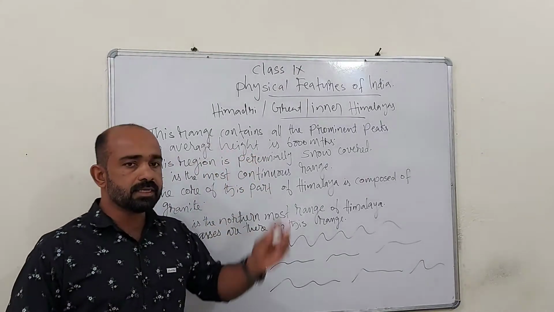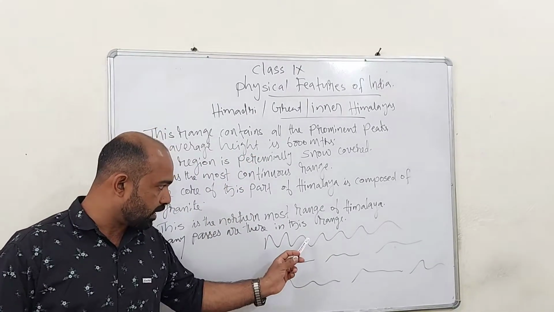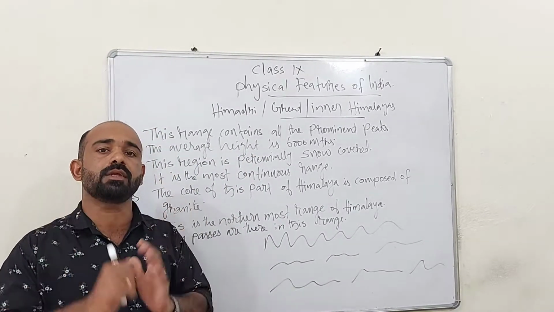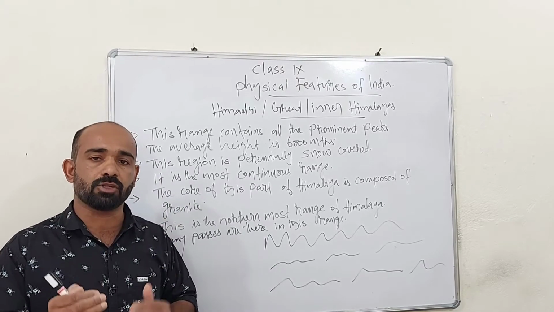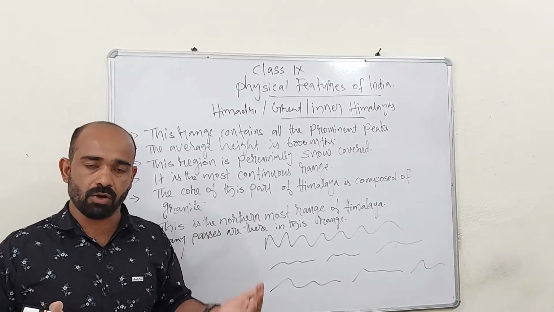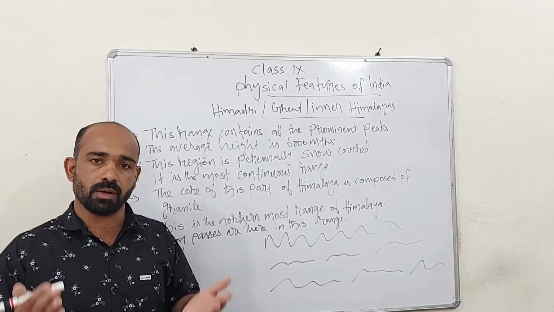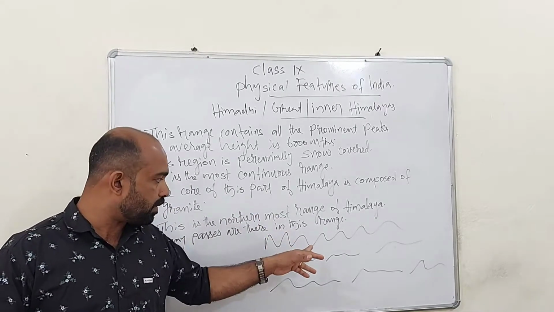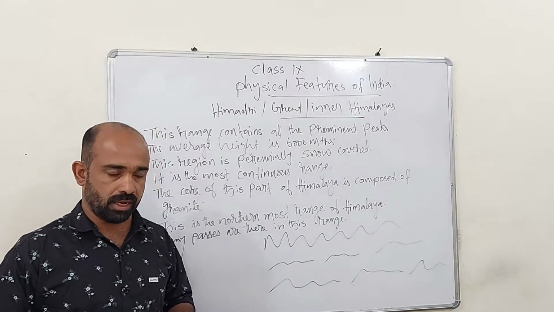This range contains all the prominent peaks, all the major mountain peaks of the Himalaya, like Mount Everest, Kanchenjunga, Godwin Austen or Mount K2, and Namcha Barwa. All the major mountain peaks are located in this Himadri.